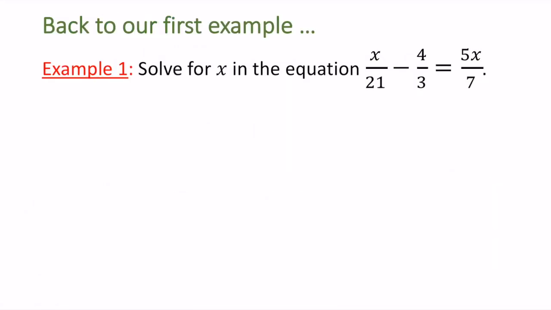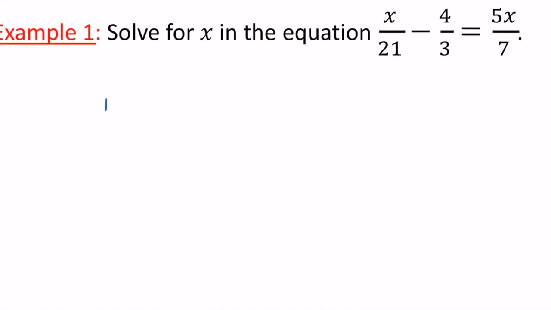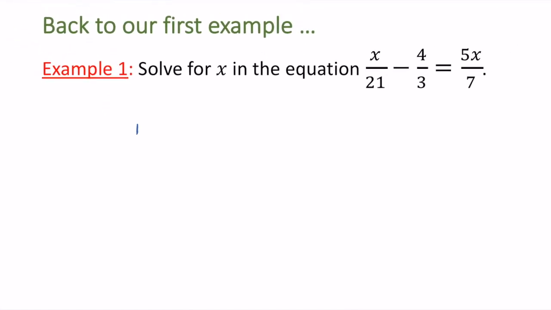So if we go back to our first example, and we were to solve for x in this particular equation, we could rewrite it to help us see it a little bit better. We could rewrite it as 1 over 21x minus 4 over 3 equals 5 over 7x.